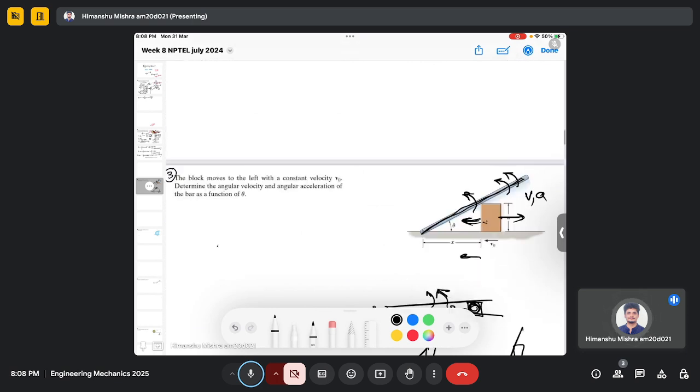In the previous problem, we were given omega and needed to find the translation motion, like velocity and acceleration. Here we are given the velocity, and we need to find the angular motion, which is omega, and the angular acceleration of this bar.